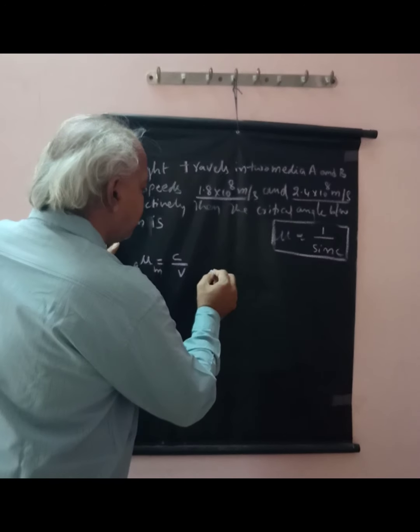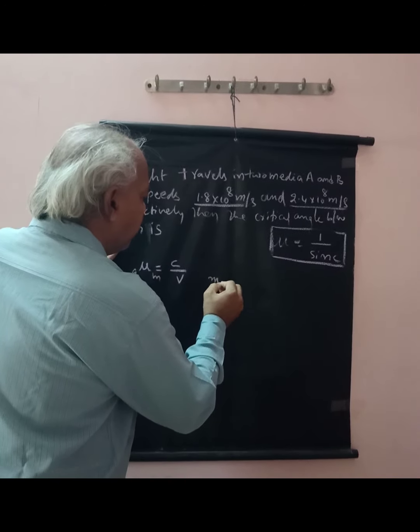That is, m1μm2 = Vm1/Vm2. Here m1μm2 means the relative refractive index of medium 2 with respect to medium 1. m1 is the rarer medium, m2 is the denser medium.